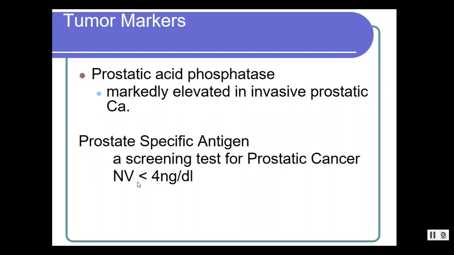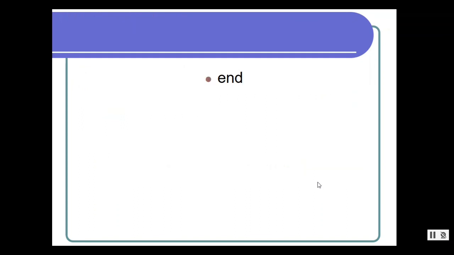The normal value is less than 4 nanograms per deciliter. So if you have less than 4 nanograms, for example, 1, 2, it's normal. But if it's more than that, okay, it means that you have to undergo a lot of other tests because you might have prostatic cancer.